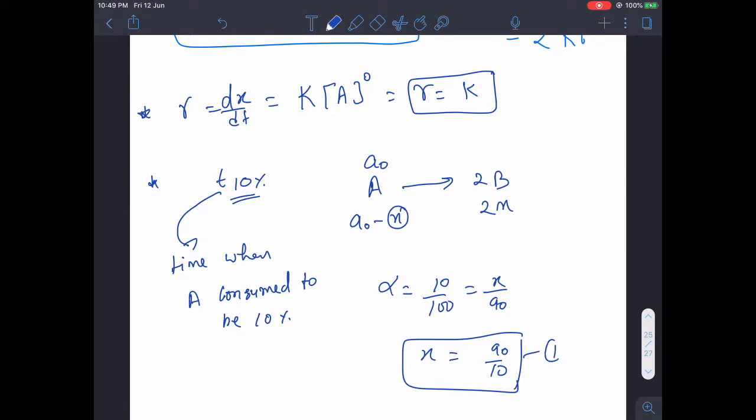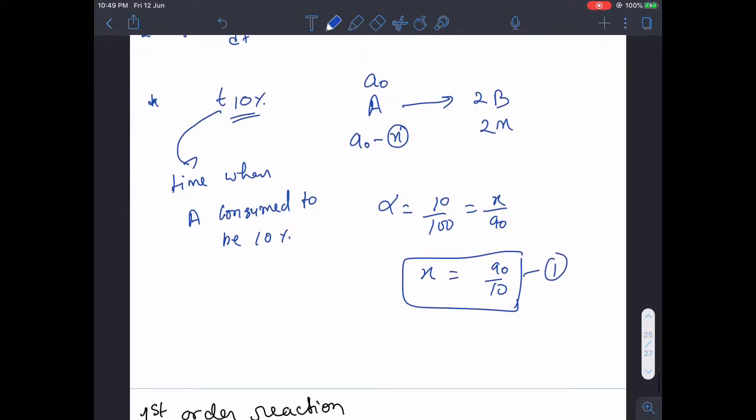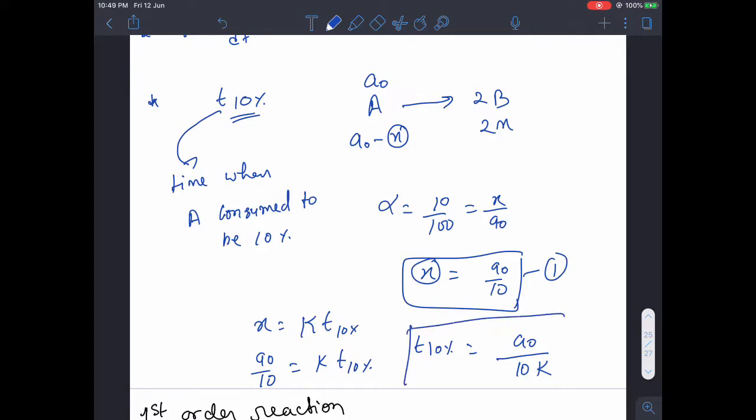Now, we already know that x is equal to k into t, so just substitute it: A naught by 10 is equal to k into T 10%. So, I got T 10% is equal to A naught upon 10k.